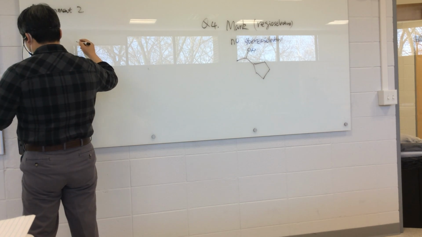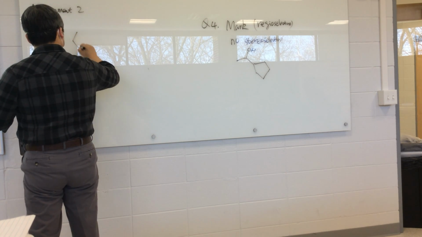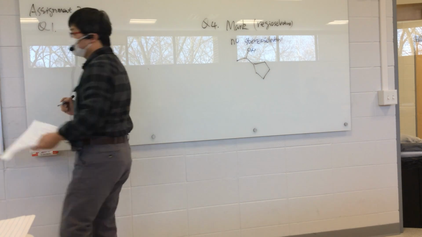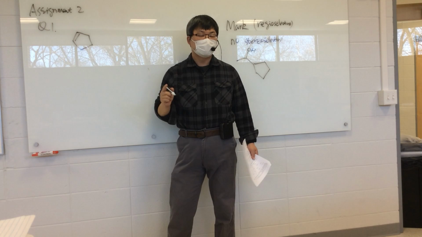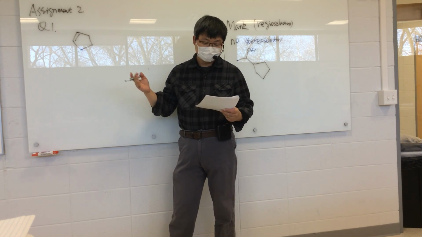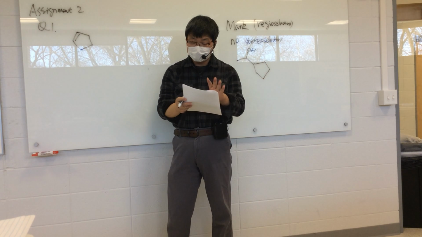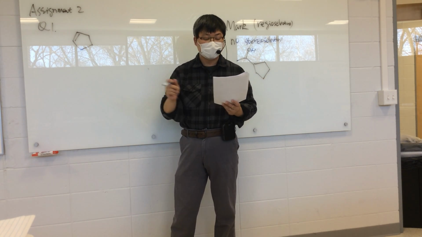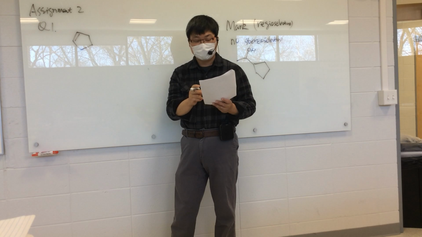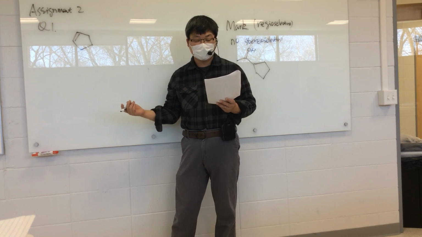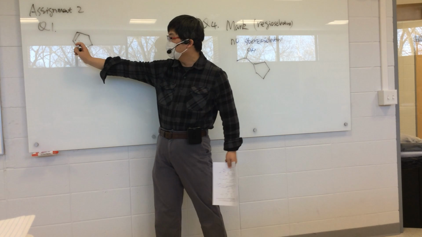Okay, there's one thing. The reaction is very similar to this one, but we need to pay attention to the naming: 3,3-dimethyl cyclopentene. You see that? This is the double bond, right?